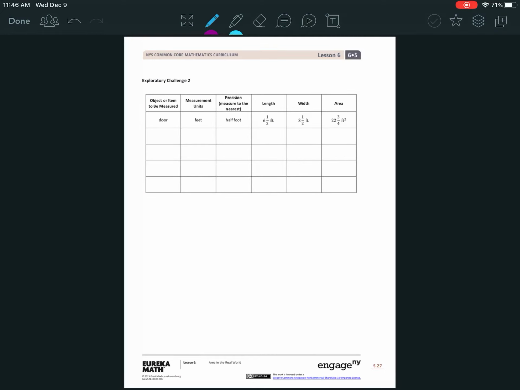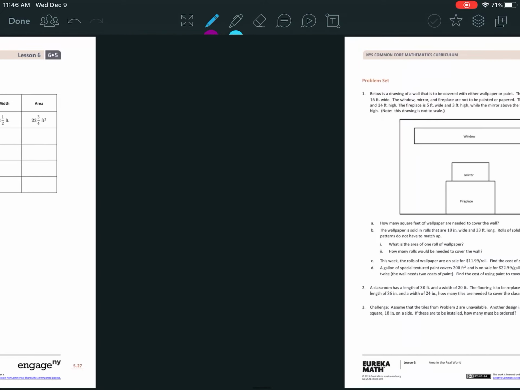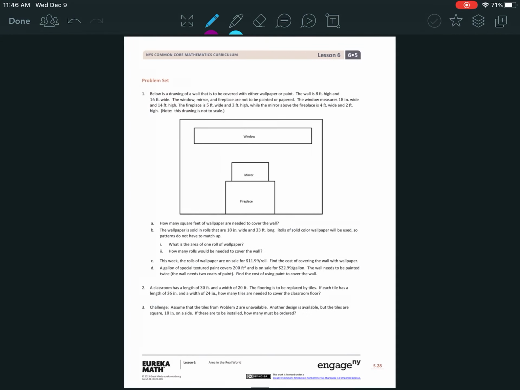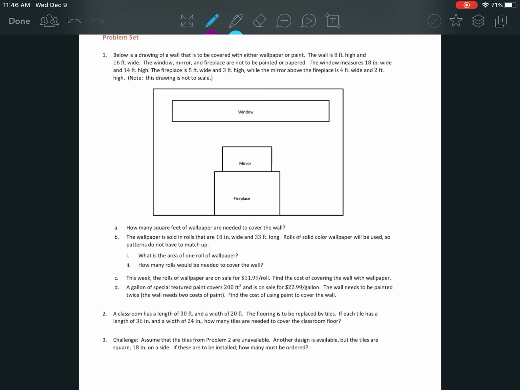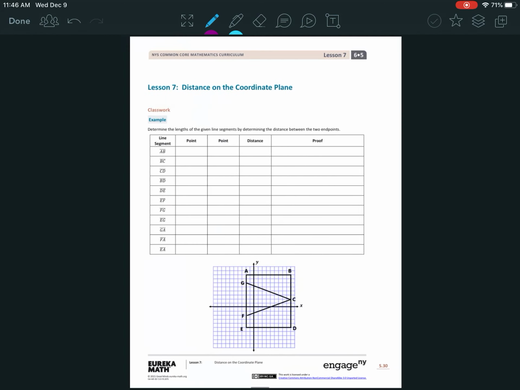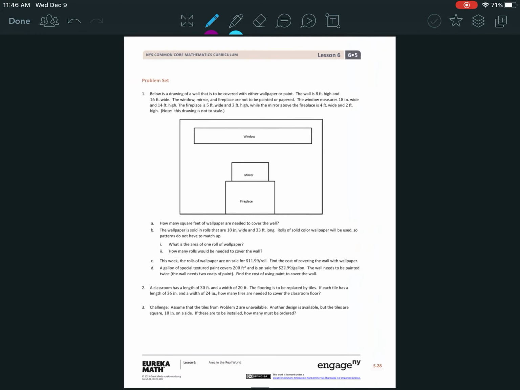Now this page is for you to do a wall in your house, but if you're my students, we just do the problem set and they give you all the information, and it is 2 pages, so make sure you do both pages.